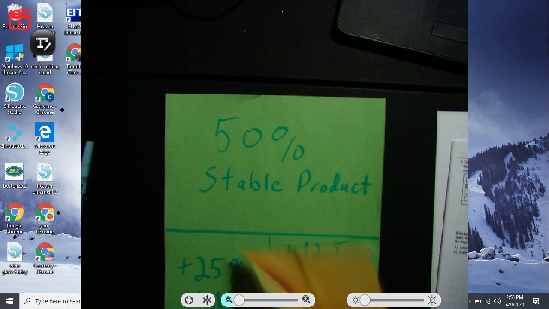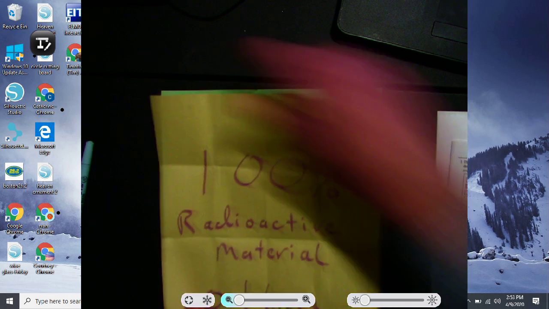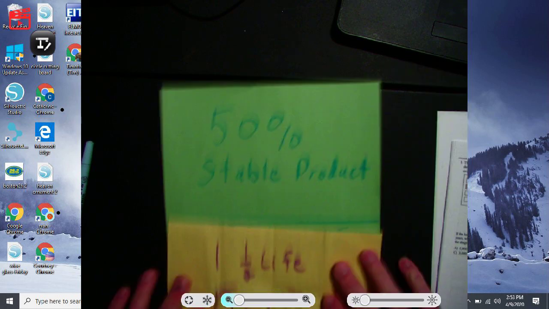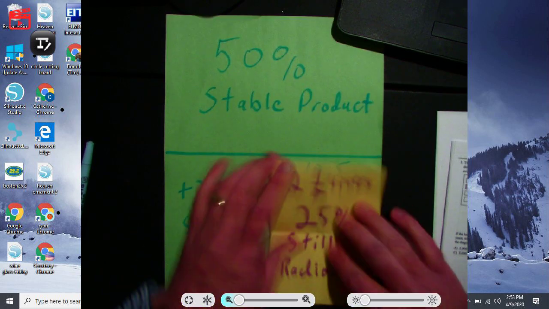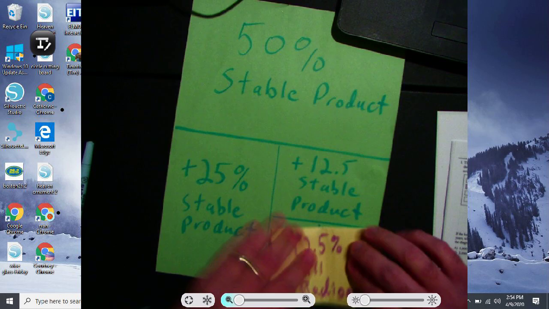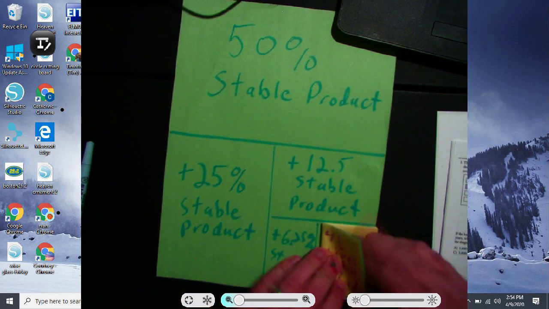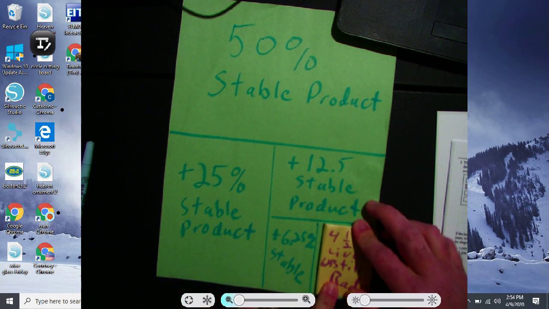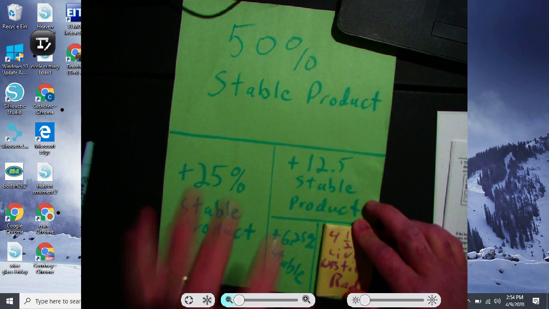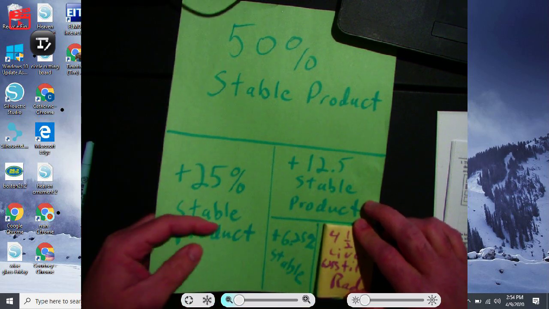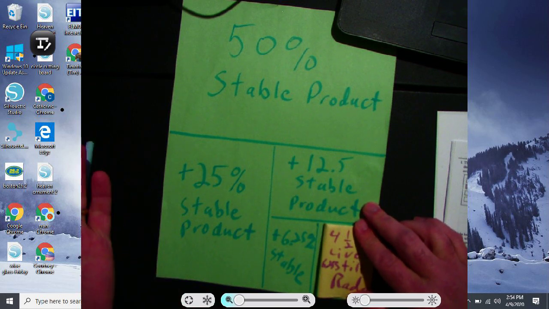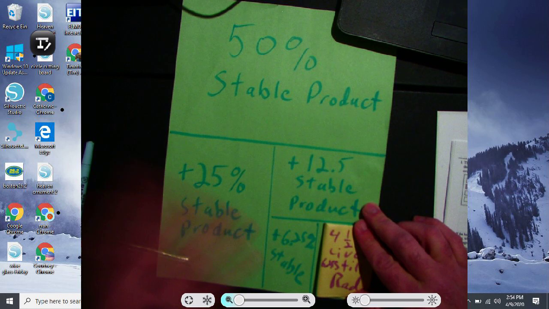So again, I'll go through it one more time quickly. 100%, 1 half-life, 50-50. 2 half-lives, 75-25. 3 half-lives, 87.5, 12.5. 4 half-lives, 93.75 and 6.25 still radioactive. All right, you're going to see pictures that look similar to this in a short bit on this activity. So keep this in mind. Go back through if you want to rewind the video and look at this again to see how it breaks down. It might help you moving forward.